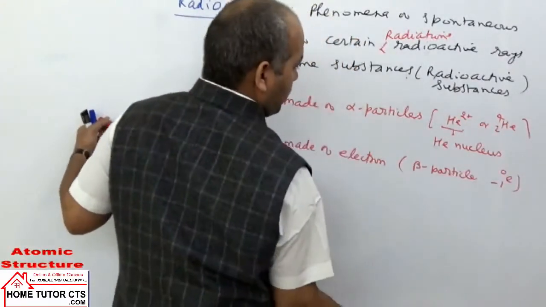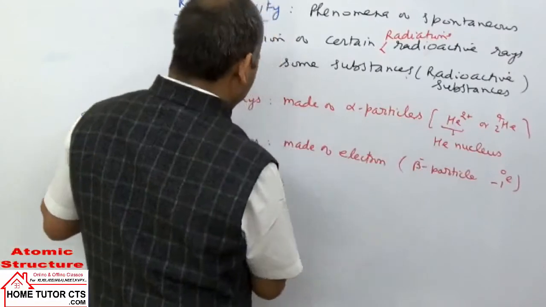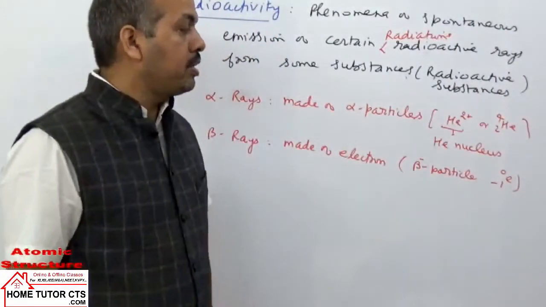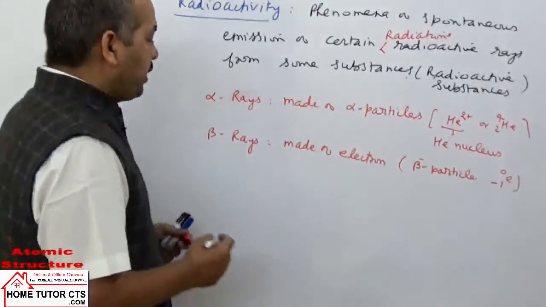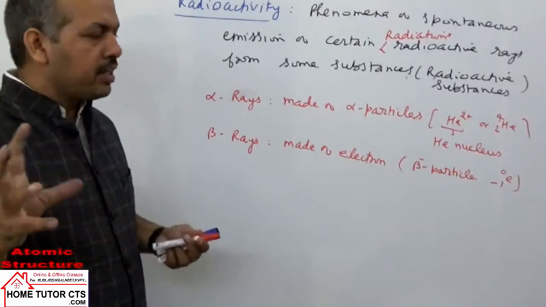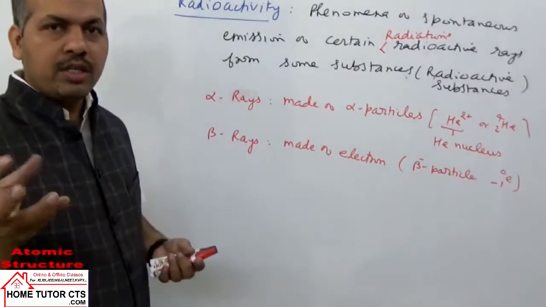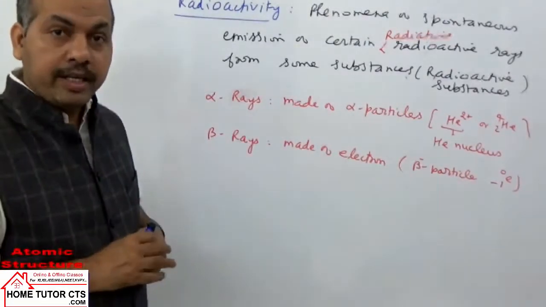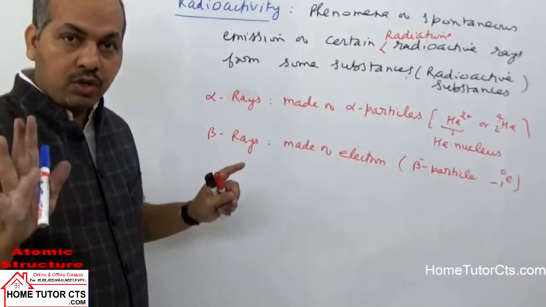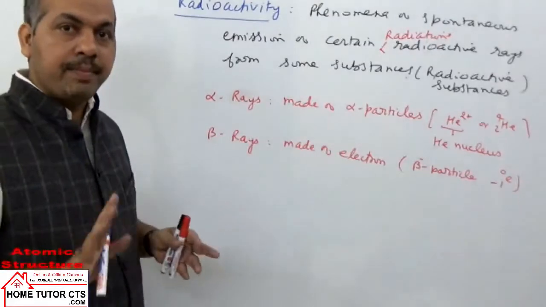We write beta minus particle. Charge is negative, so symbol is -1E0. Beta particle you can think of in a simple way. You will ask, sir, what is the meaning of simple way, because then what is the difference between the beta particle and the electron? See, basically there is no difference. Electrons and beta particles are same.